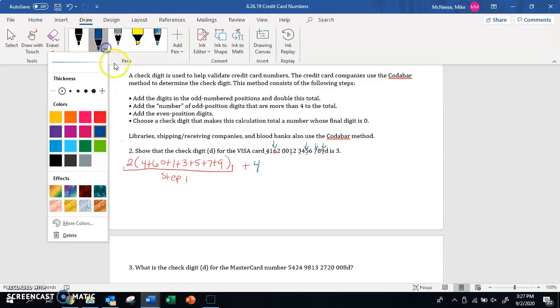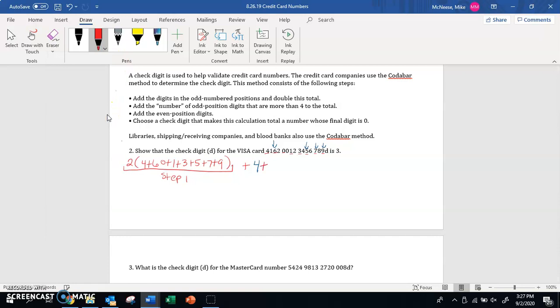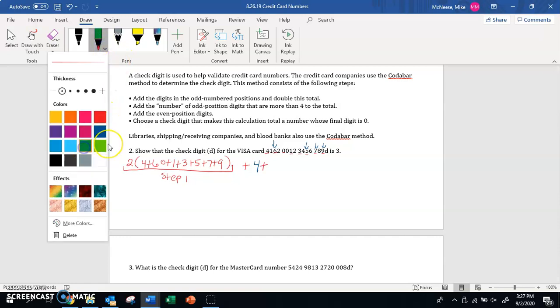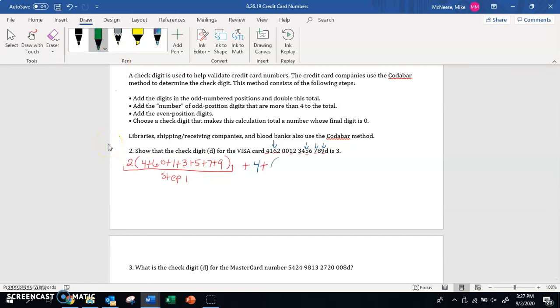Okay. And then the next part, it tells us we want to add the even position digits. So all even position digits, I got 1, 2, 0, 2, 4, 6, 8, and D. Okay.